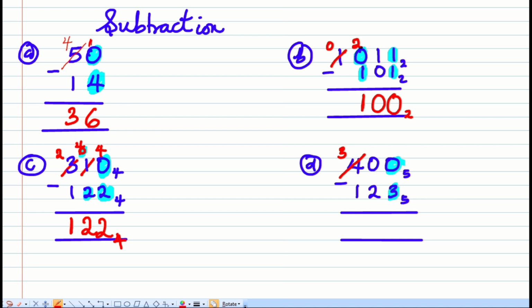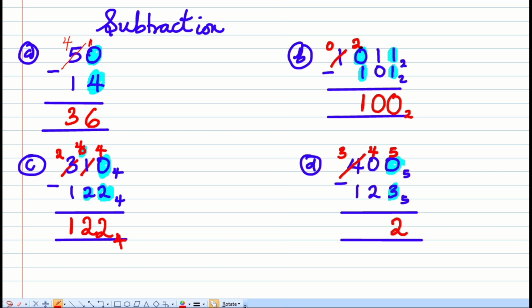What we borrow is going to be 5, but again we now have to borrow from that 5 to add to the next column. If we borrow 1 from that 5, it's not going to remain 5, it's going to remain 4, and then we'll carry over the other one, which will now become 5 here. I hope it makes sense the way I'm doing it. So for the first column, we now have 5 minus 3, which is 2.